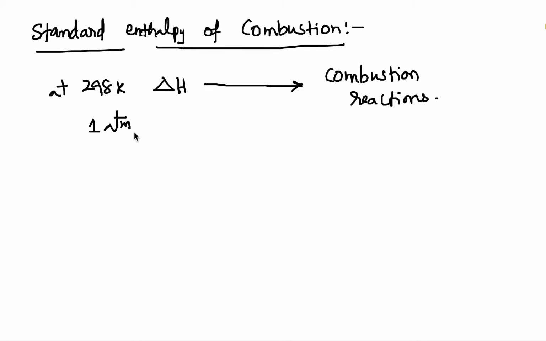What is that? In the combustion reactions, in some kinds of reaction there will be formation of 1 mole of substance, or you can say 1 mole of substance can be combusted in a balanced reaction. In some reactions several moles of the substance are combusted. Therefore there will be some kind of discrepancy. Therefore, to avoid that discrepancy, we must have a clear definition.